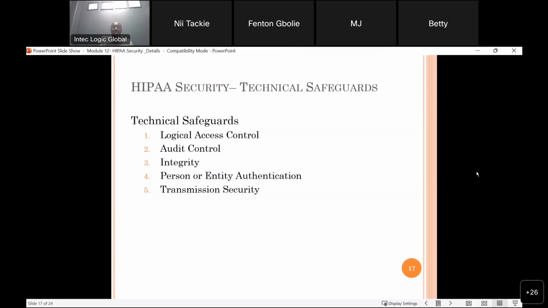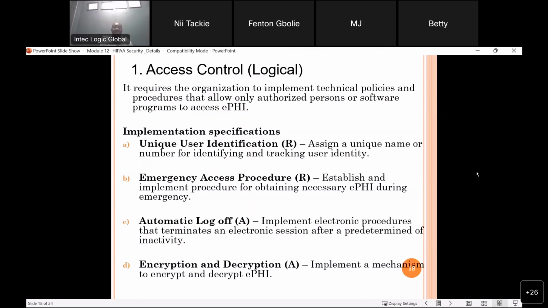Technical safeguards. Here we have 5 standards: logical access control, audit control, integrity, person and entity authentication, and transmission security. Let's see. Logical access control requires an organization to implement technical policies and procedures that allow only authorized persons or software programs to access ePHI.